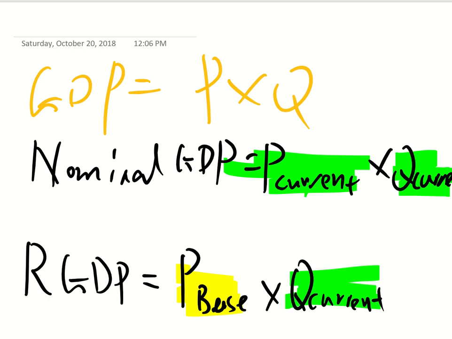So with real GDP, if you see a change, that means your quantity is changing, not the price. The importance of this is that, remember at the very beginning of the class, in chapter 1 and chapter 2, I told you guys that money is not important, because for every economy, we don't care about how much money you have. We care about how much good you can produce in the economy.